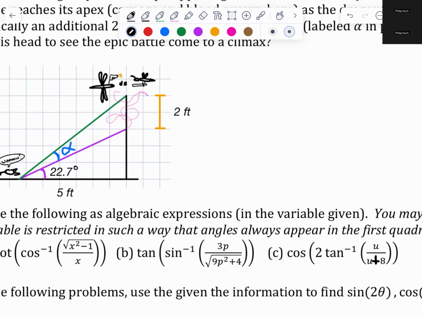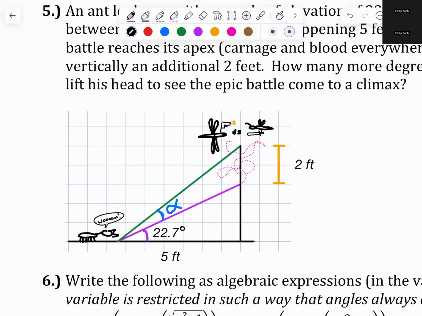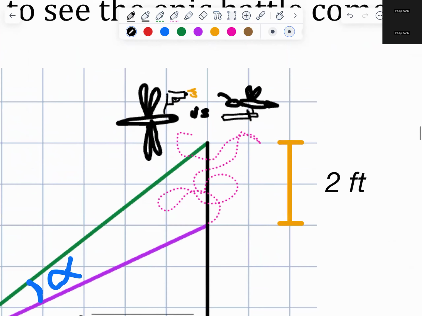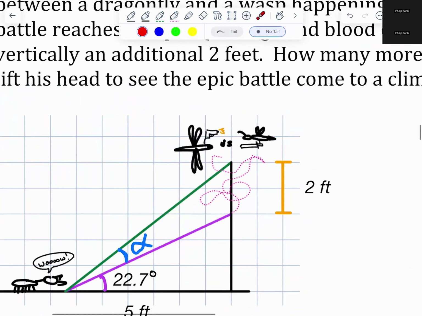Did you guys like this problem? You thought this problem was cool? Because I thought this one was awesome. Did you guys note if you zoomed in, you saw the irregular flight pattern and the fact that the wasp had a sword and the dragonfly had a gun? Not an equal battle. Well, yeah, because dragonflies are the apex predators of the bug world.